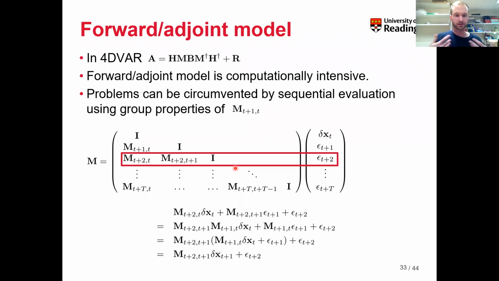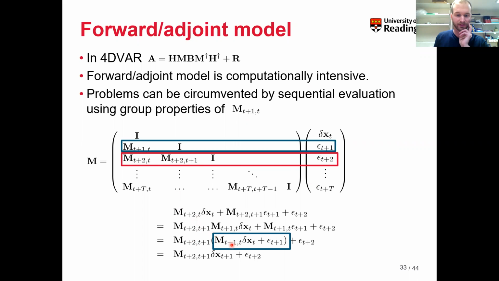One way to speed this up is to realize that basically this block of rows is equal to applying one time step to the output of the previous block of rows plus adding your latest model error to it.